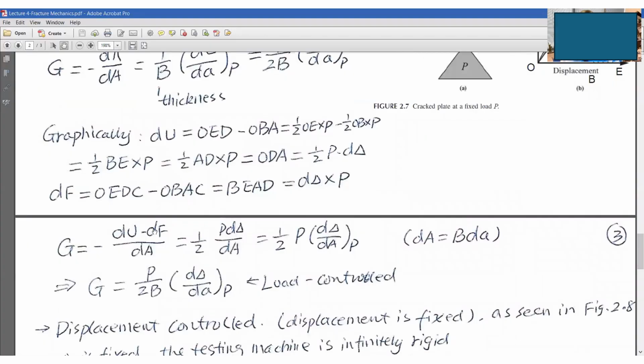All right? And then dπ equals dU minus dF.